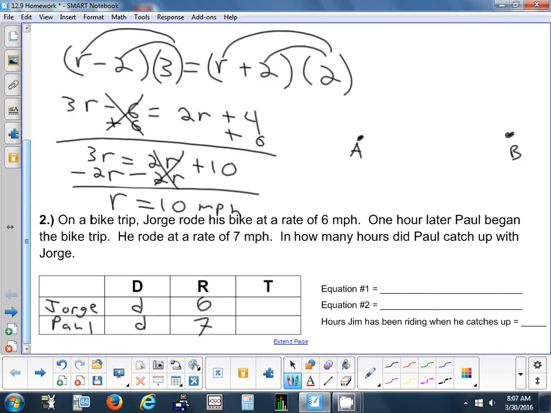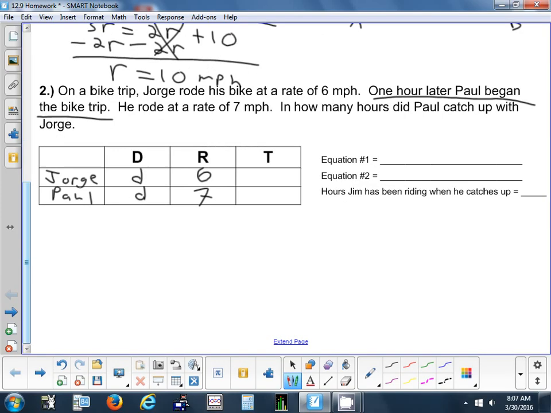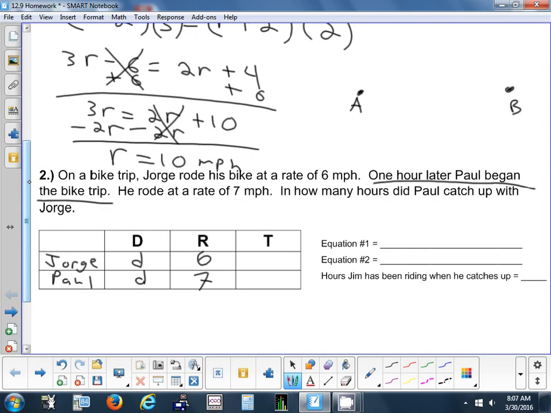All right. Now, the last piece of information we have to look at. 1 hour later, Paul began the trip. Would it be t plus 1? We could either do a t plus 1 or a t minus 1, depending on where we put t. Do you guys want to put t by itself for George or t by itself for Paul?